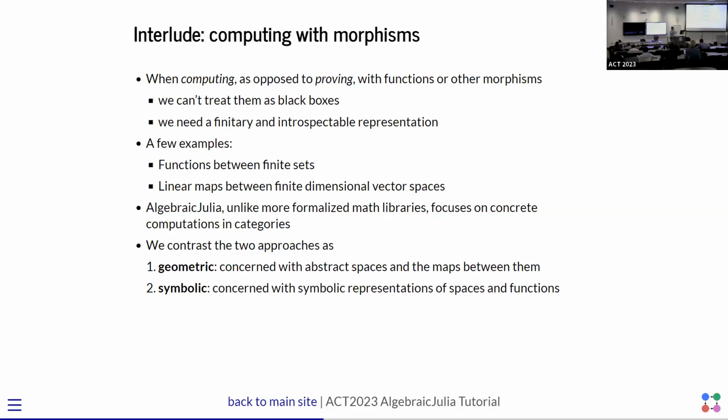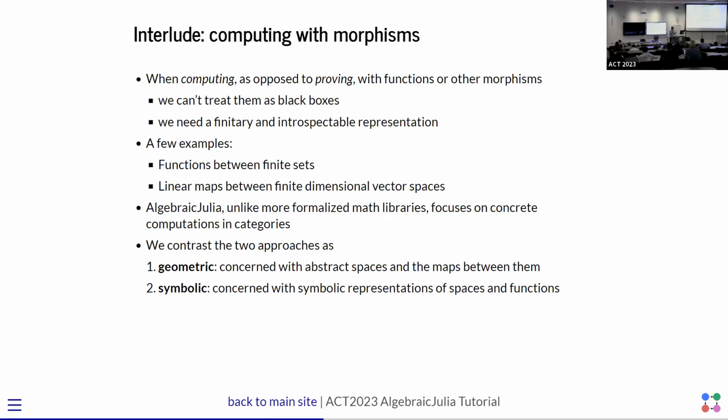A few examples of introspectable morphisms might be functions between finite sets. These are really simple because you can just write down explicitly what that mapping is. Another example is linear maps between finite dimensional vector spaces, because those can be cashed out as matrices. Unlike a lot of the more formalized approaches to doing category theory computationally, we focus on concrete computations.